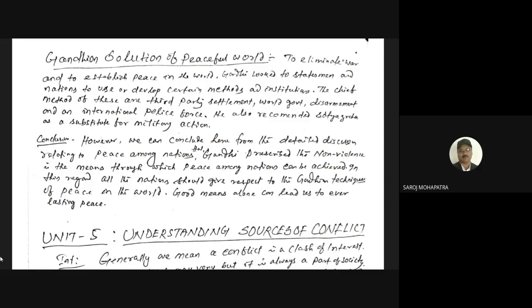On this ground, all the nations should give respect to the Gandhian techniques of peace in the world. Good means alone can lead us to everlasting peace if we follow the Gandhian principles.